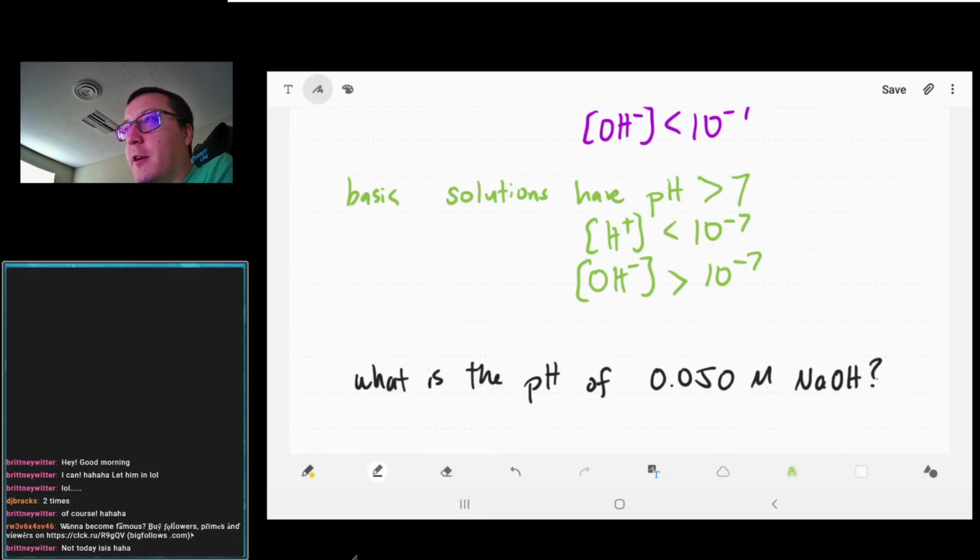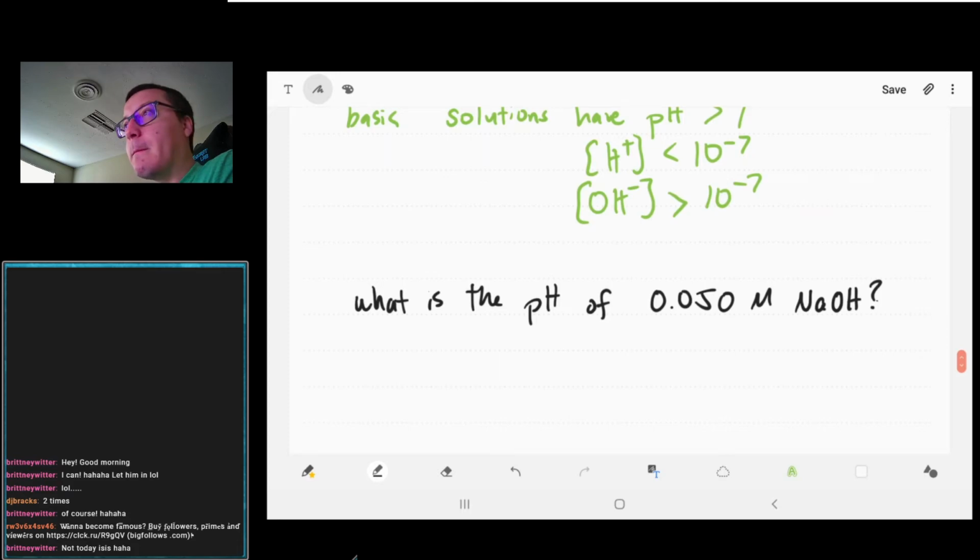There is a property they have. Perhaps something to do with electrolytes? What type of electrolyte is sodium hydroxide?